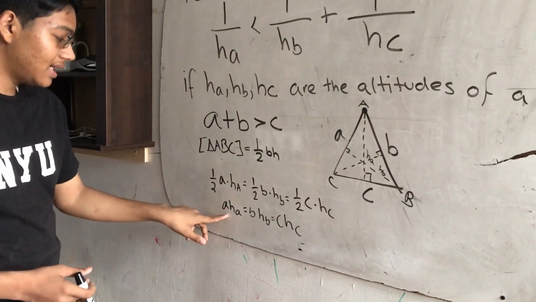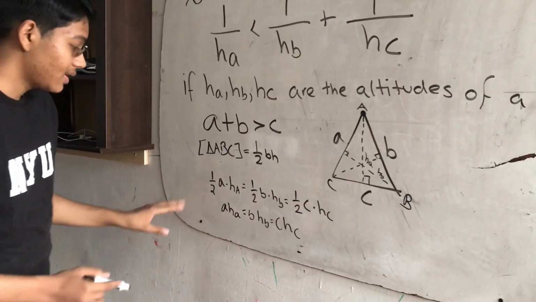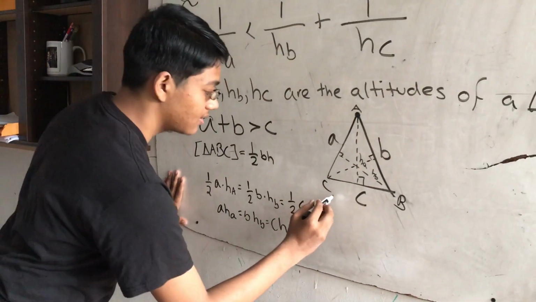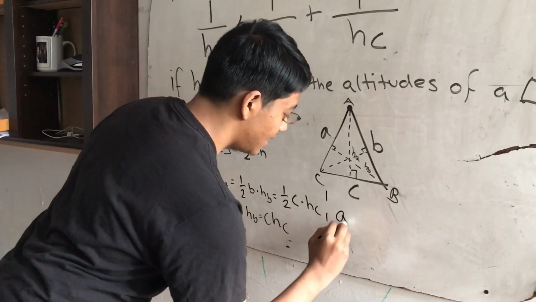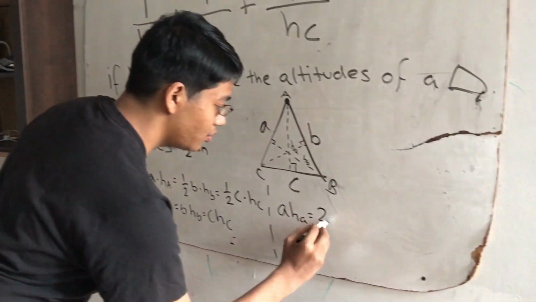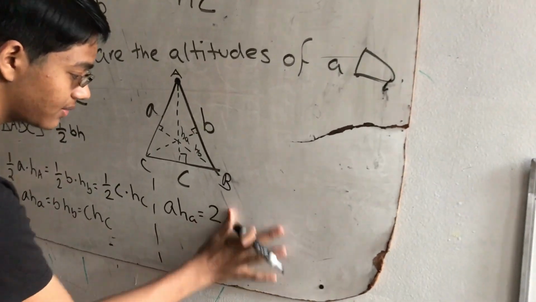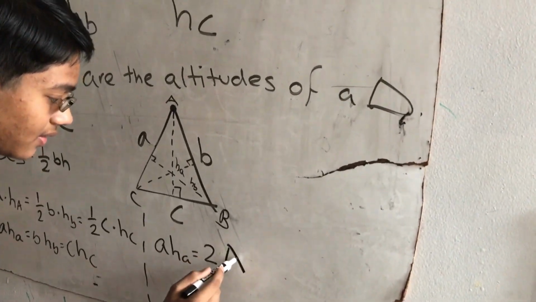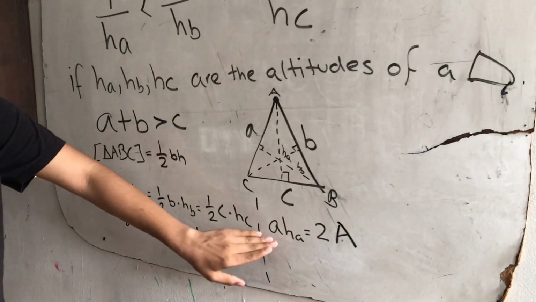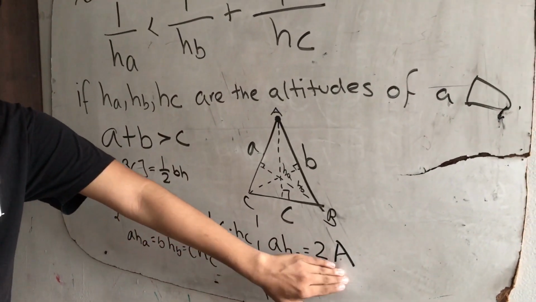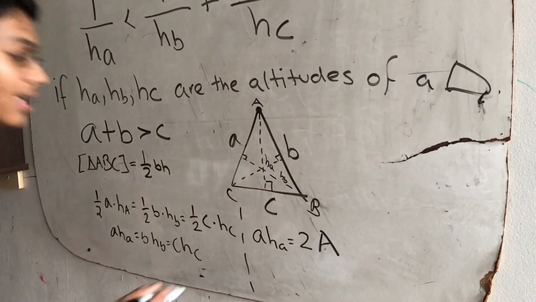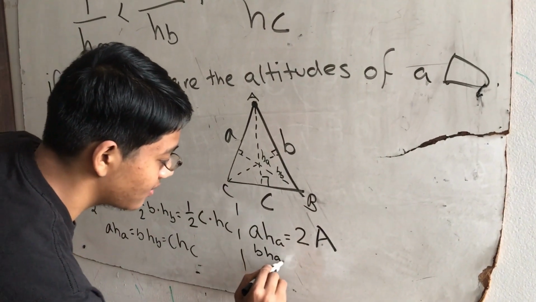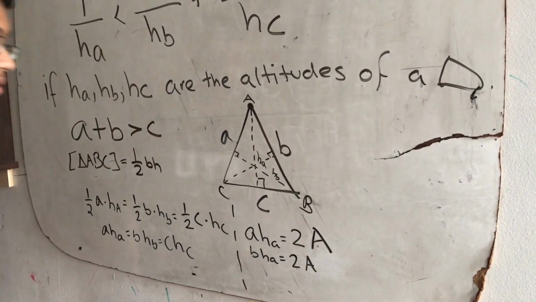Well, we know that A times h sub A is equal to 2 times the area. I'm going to let capital A represent the area of the triangle. We know that A times h sub A equals 2 times the area of the whole triangle. And we know B times h sub B equals 2 times the area of the whole triangle.